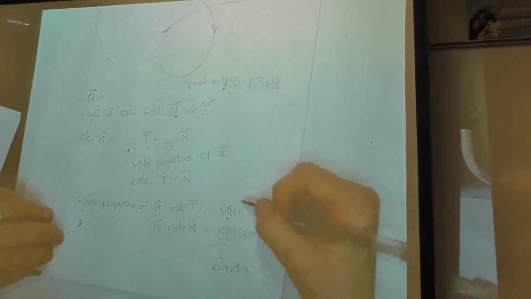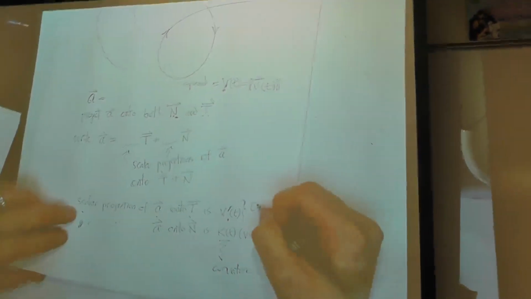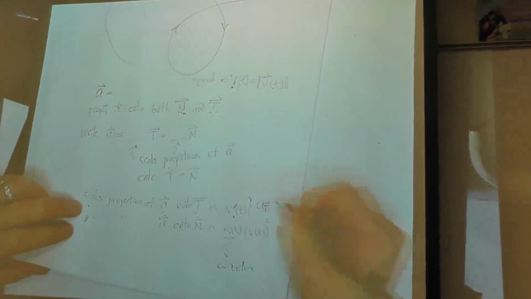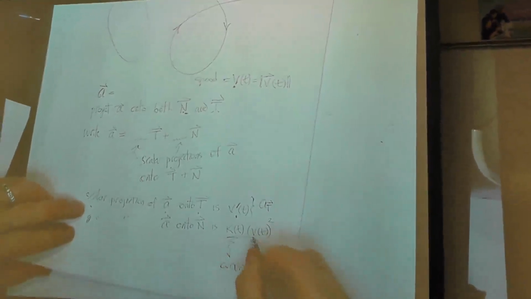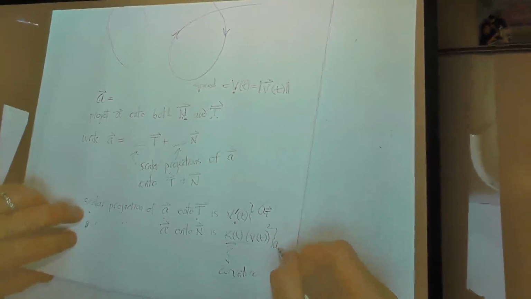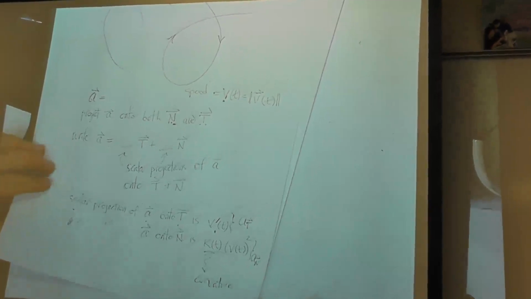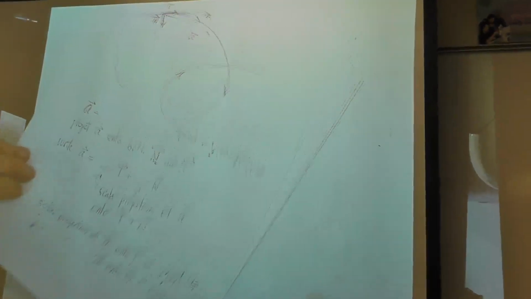The book will call this A sub T, and they'll call this whole thing A sub N. And again, these are not going to be formulas you have to memorize.